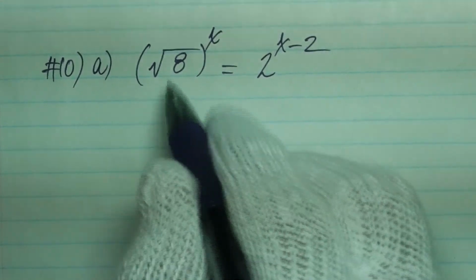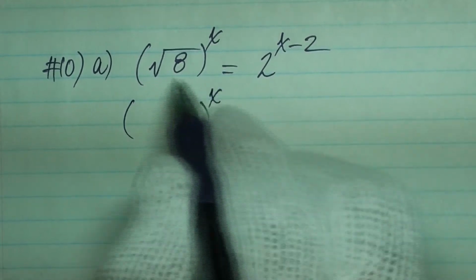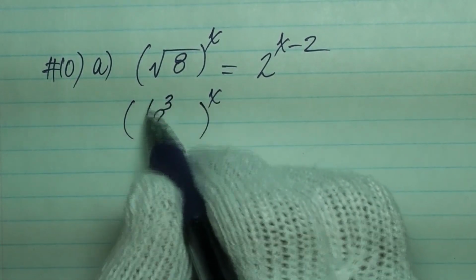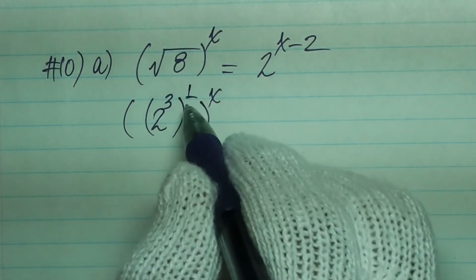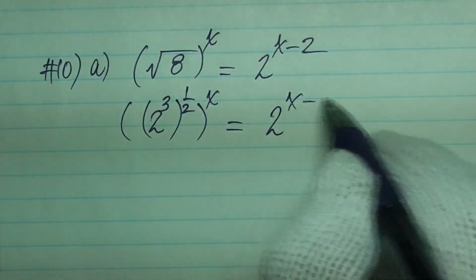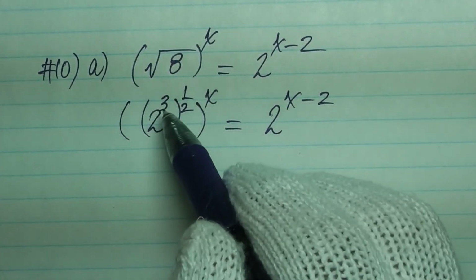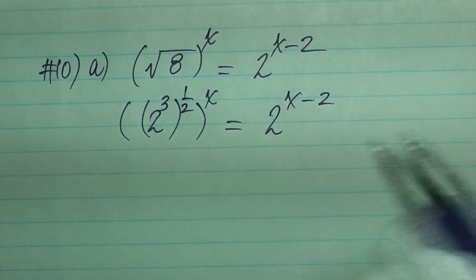I'm going to start off by writing this expression. 8 is the same as 2 cubed, and the square root is the same as 1 over 2. Again, 2 to the exponent 3 is the 8, and the 1 over 2 is the square root.